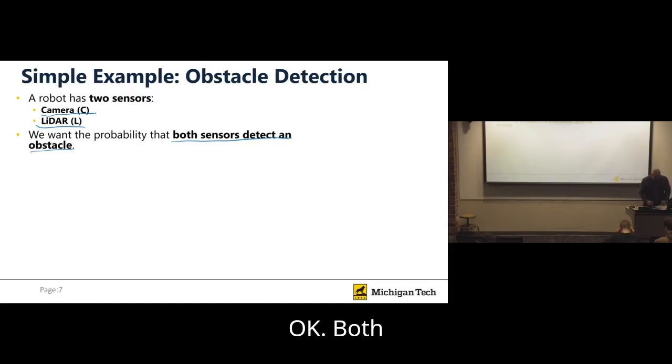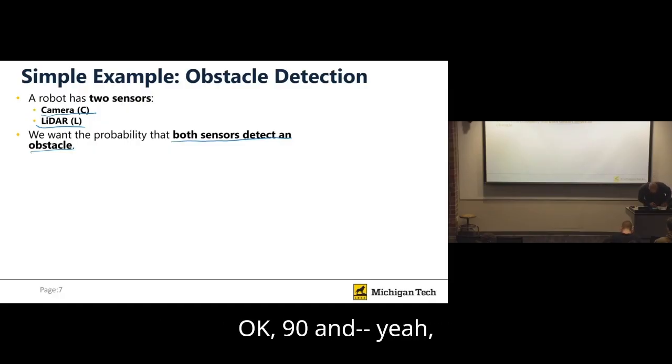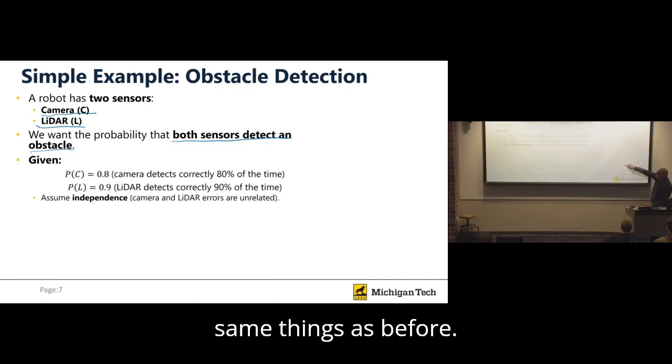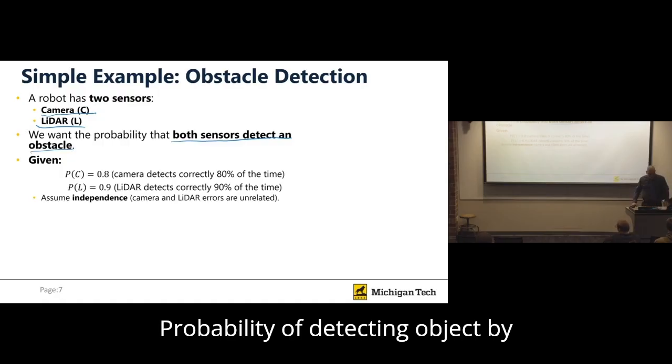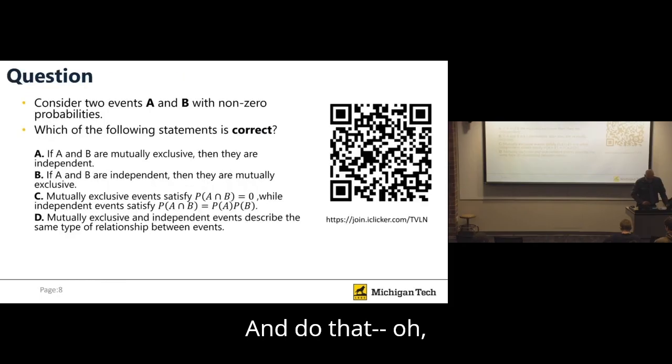The probability of detecting an object by camera is 80%, and the probability of detecting correctly by LiDAR is 90%. LiDAR is more precise. And they are independent.